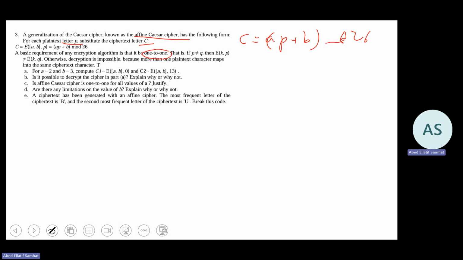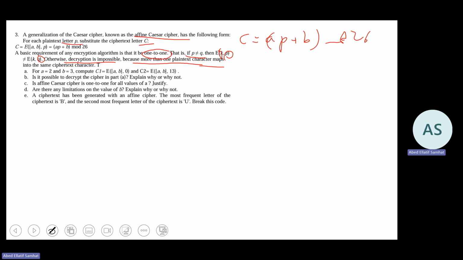So if P is different from Q, then E of P is different from E of Q. This is just the explanation. If we encrypt using the same key a plain text P and a plain text Q, this means that the encrypted text of P should be different from the encrypted text of Q. Otherwise, the decryption is impossible because more than one plain text character maps into the same ciphertext.